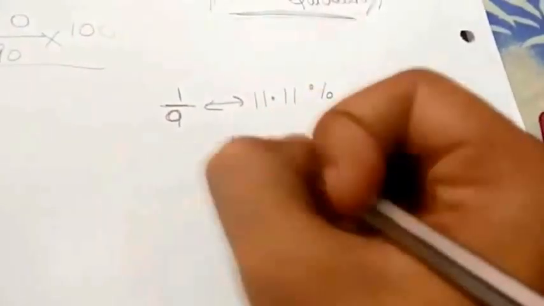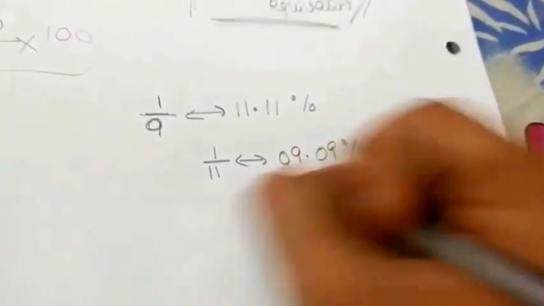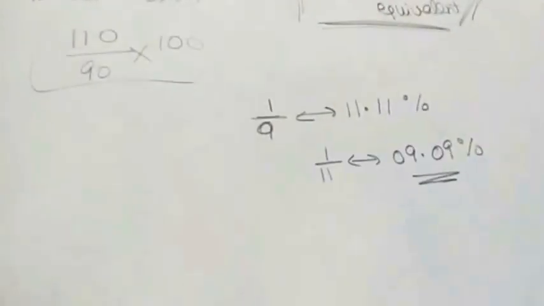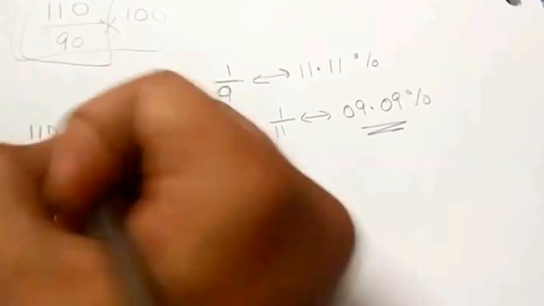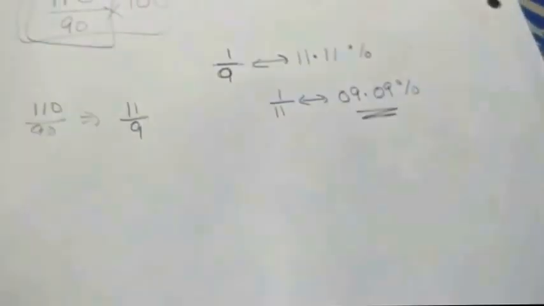And 1 upon 11 will translate to 09.09 percentage. So in our question, this value, we can say this 110 by 90 or 11 by 9.